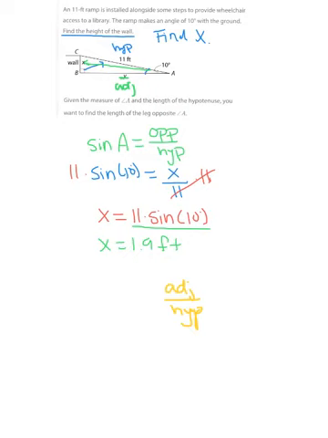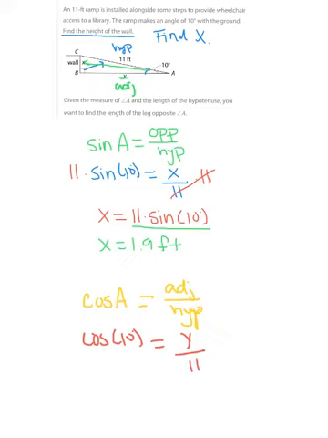And we should all be telling ourselves that cosine of angle A equals adjacent over hypotenuse. So again, replacing things with what I have, I know that angle A is 10 degrees. I also know that the adjacent side is y, and I know the hypotenuse is 11.